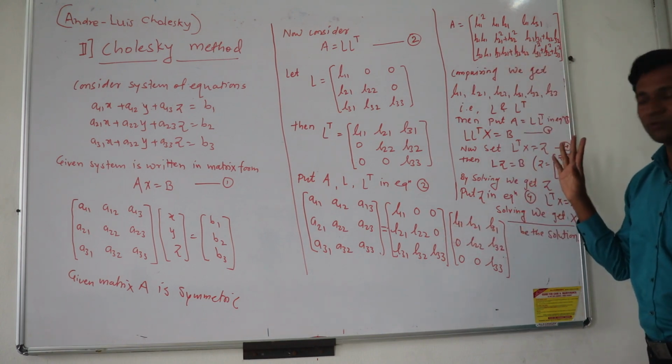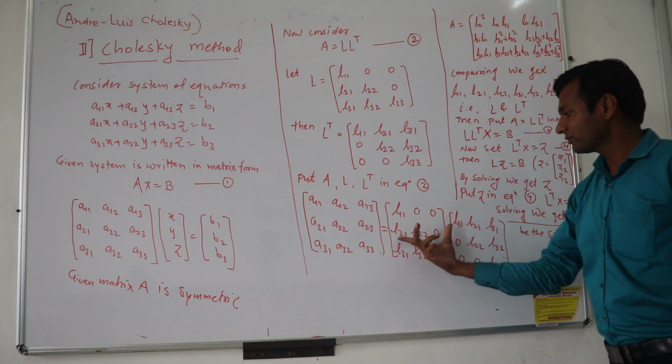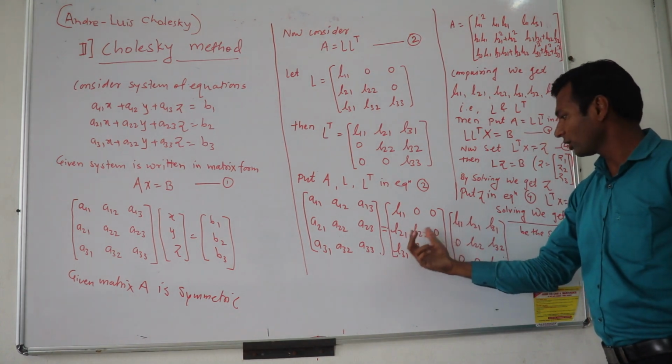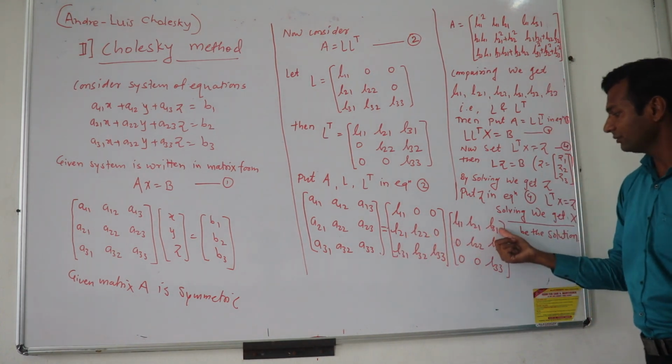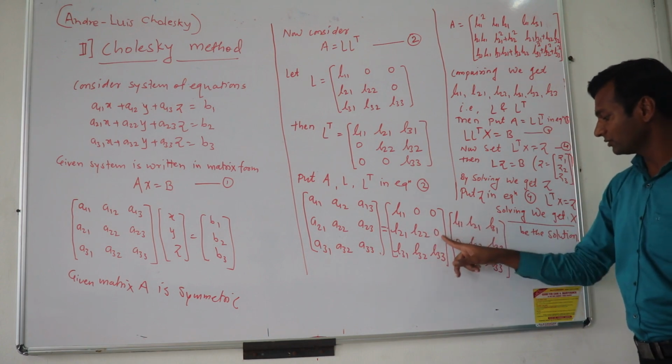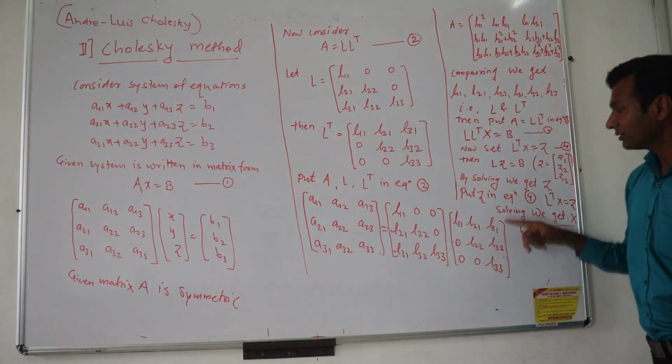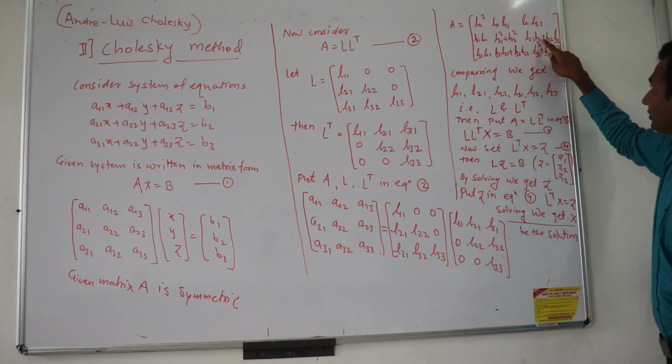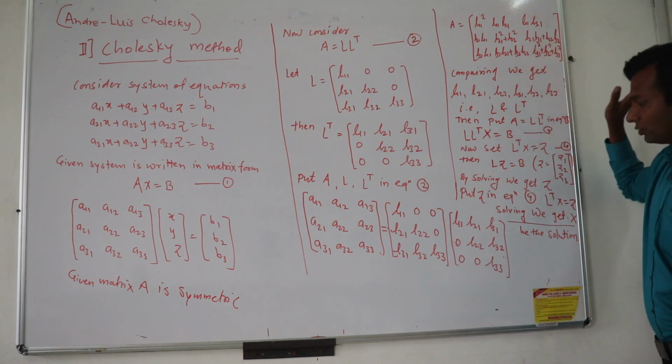Now second row, third column: L21 L31 plus L22 L32 plus 0 into L33 becomes 0, so we get L21 L31 plus L22 L32.